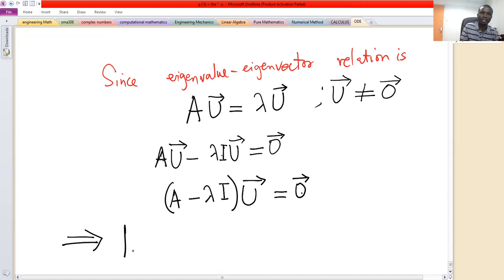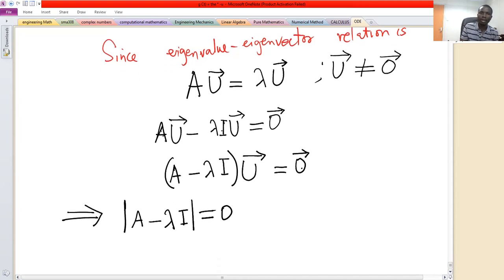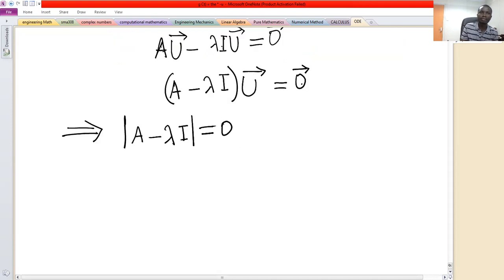So therefore, the determinant of A minus lambda times I should be 0, so that if you have 0 times a non-zero vector, you get a zero vector. So this will be the equation that will guide us on how to find eigenvalues and eigenvectors, i.e. the determinant of A minus lambda I is 0.